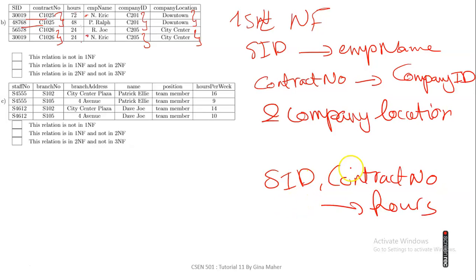Is this relation in the second normal form, yes or no? Actually no, because we have attributes that are dependent on a subset of the primary key.